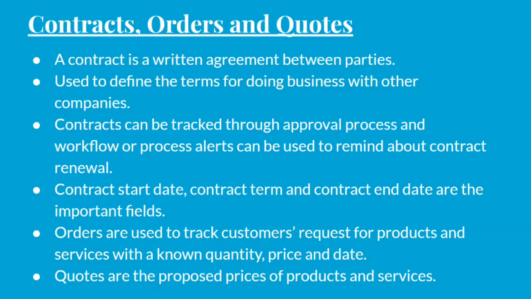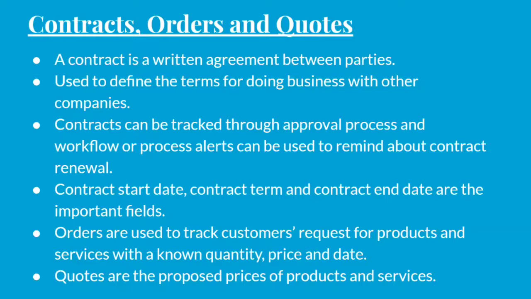Contract start date, contract term, and contract end date are the important fields. If you have a contract, you should have a start date and an end date, and you should have a term. For example, if the start date is today's date and your term is 6 months, this contract will be valid for 6 months. The policies defined in this contract will be applicable for the next 6 months.